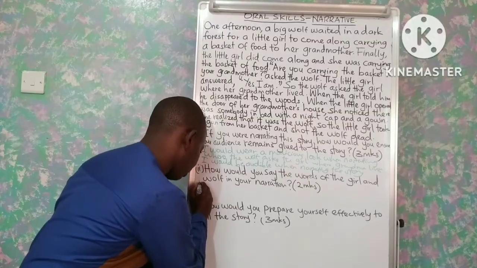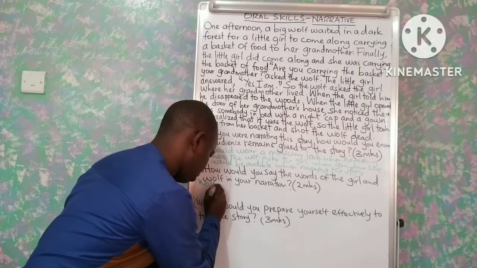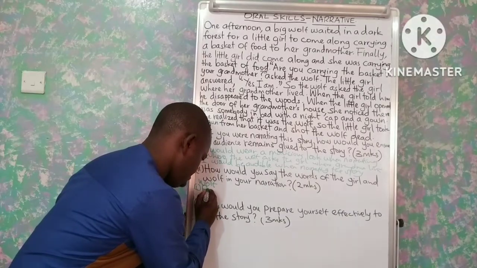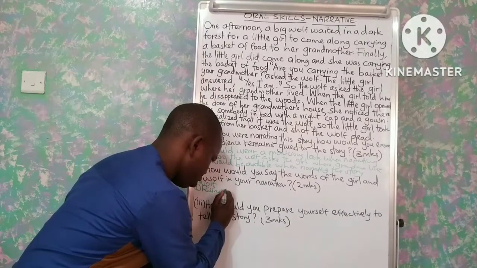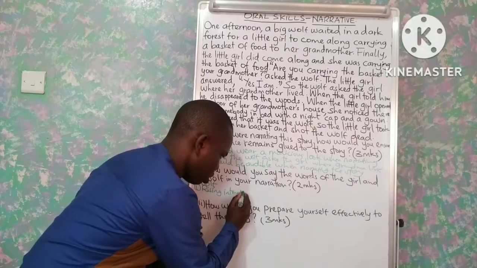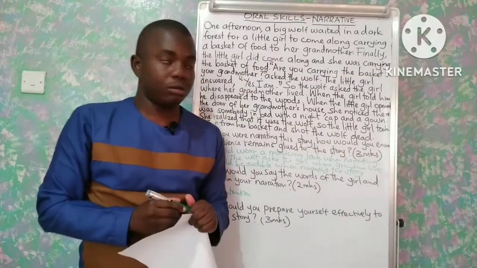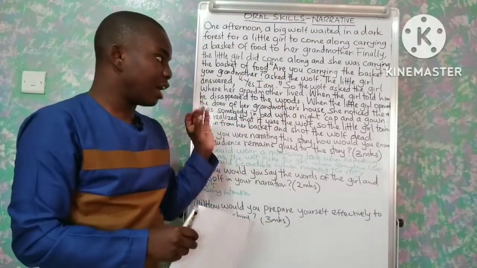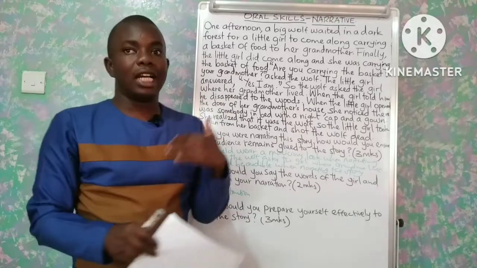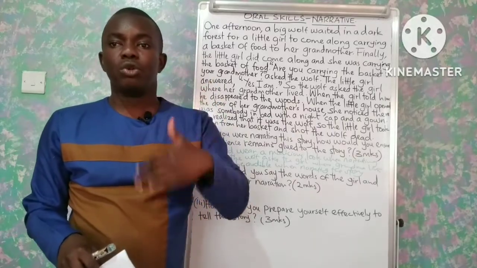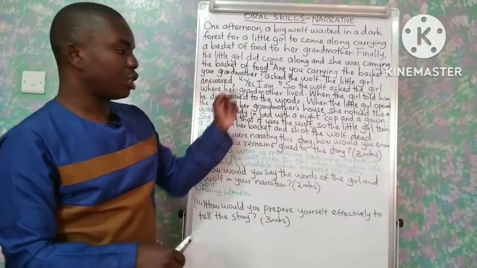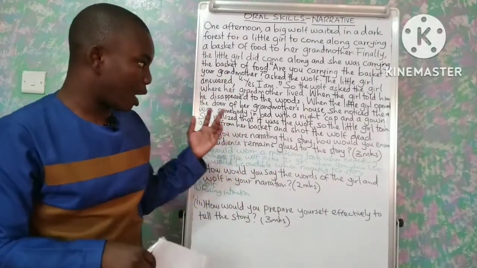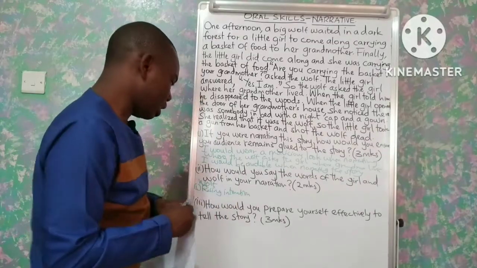So for the wolf, I would use a rising intonation because this is a question that requires an answer. So I will use a rising intonation in asking that question because a response is required from the girl.